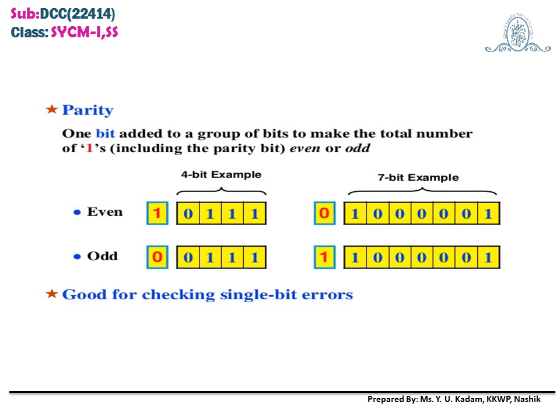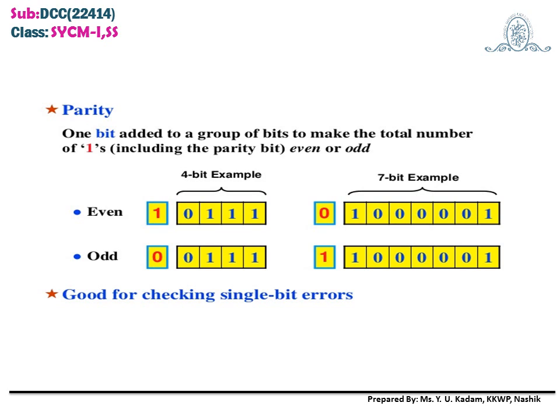Before starting with the VRC method, let us discuss one concept, parity. What is a parity bit? It is one bit added to a group of bits to make the total number of ones, including the parity bit itself, even or odd. So the parity bit is one extra bit added to the original data to make the total string an even parity or odd parity.